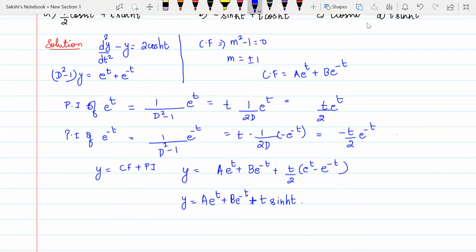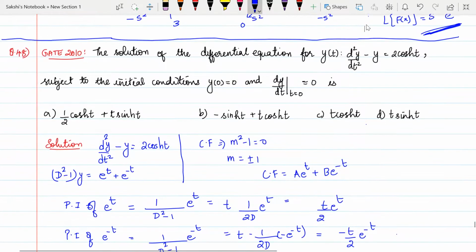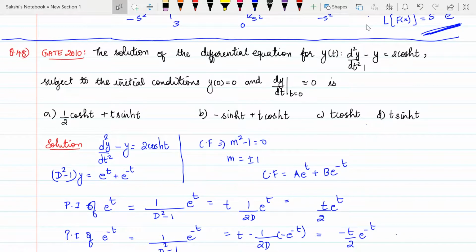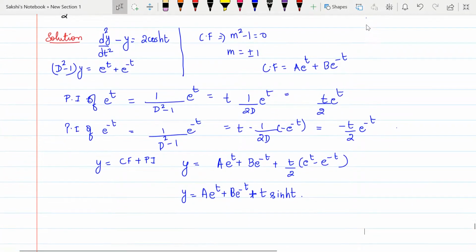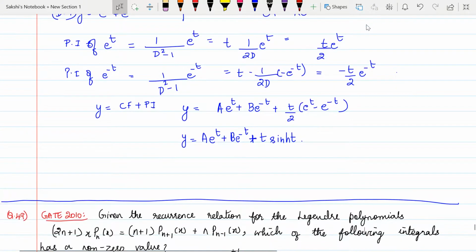Now, if you see the question, you can see that the initial condition is given as y of 0 is equal to 0 and y prime of 0 is equal to 0. So let us write the initial condition. Initial condition here is y of 0 is equal to 0 and y prime of 0 is also equal to 0.